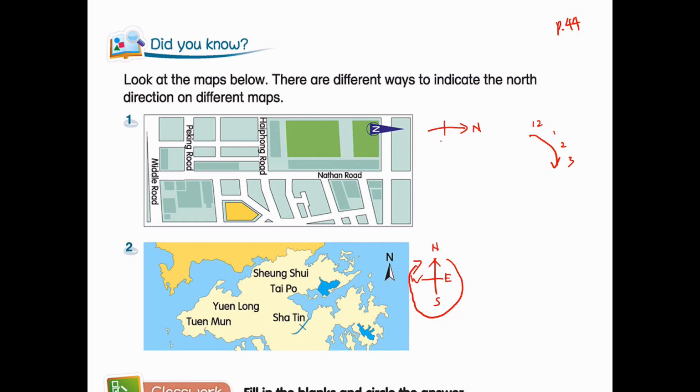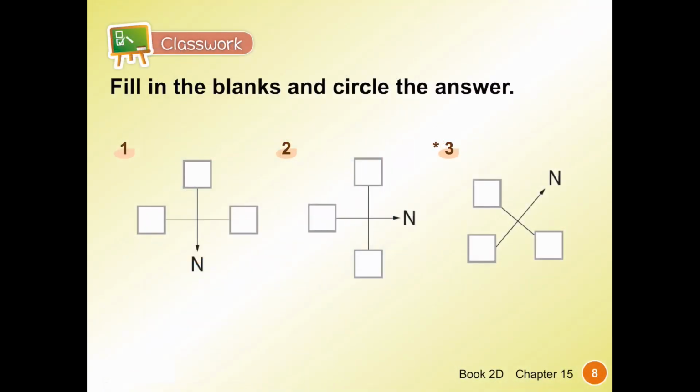The next one would be east, and then after east we have south, and after south we have west. So there we can find our 4 main directions. This is the bottom part of page 44, the classwork. Once again, I want you to work on the questions first, and then I'll discuss the answers with you in a second.